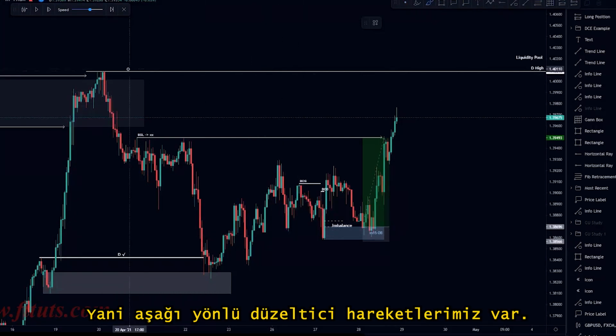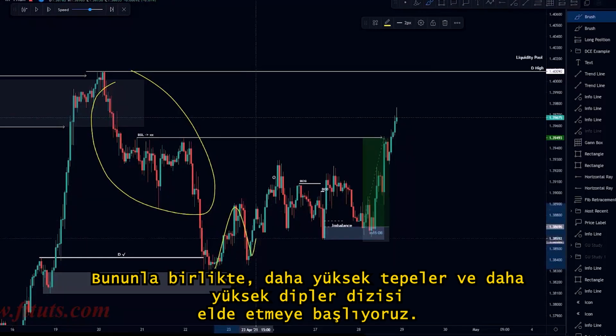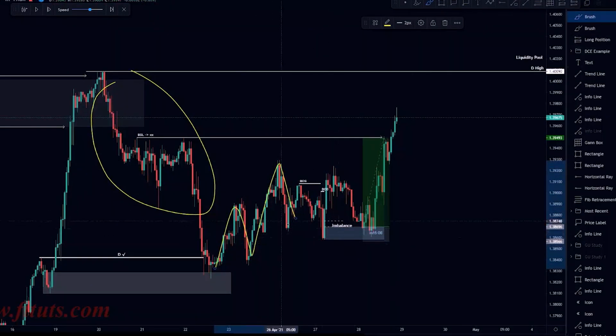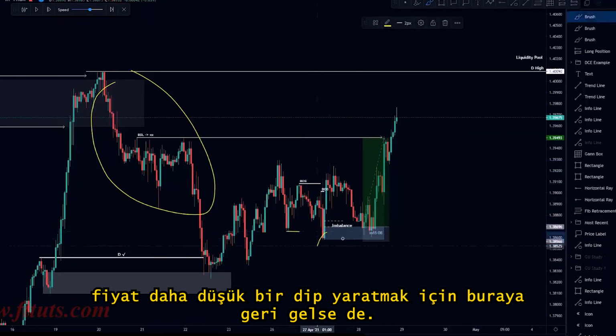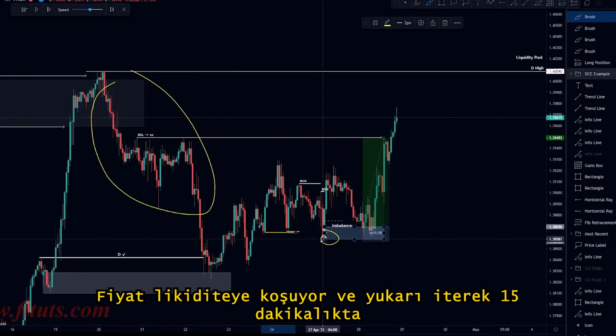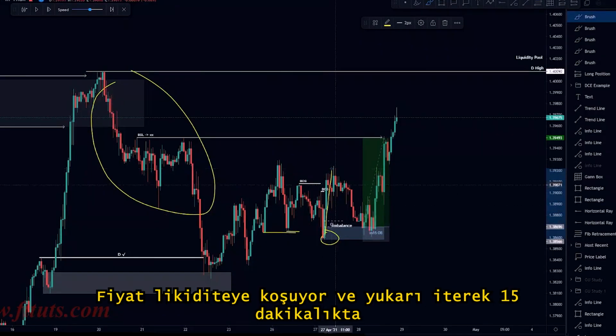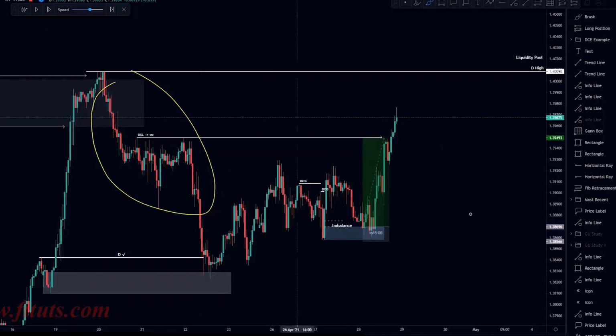So we have a corrective move to the downside. However, we're starting to get a sequence of higher highs and higher lows. Even though price came back down here to create a lower low, we can clearly see equal lows here, price drawing on liquidity and impulsing to the upside, creating this point of interest on the 15 minutes.